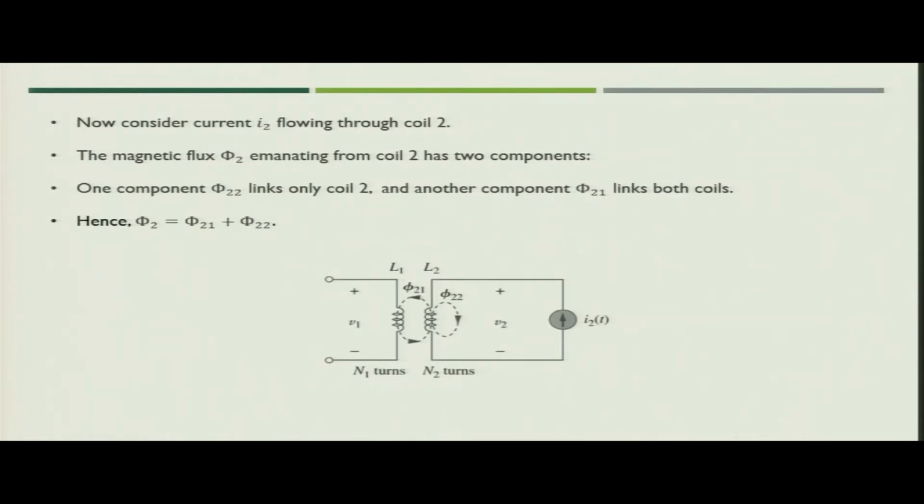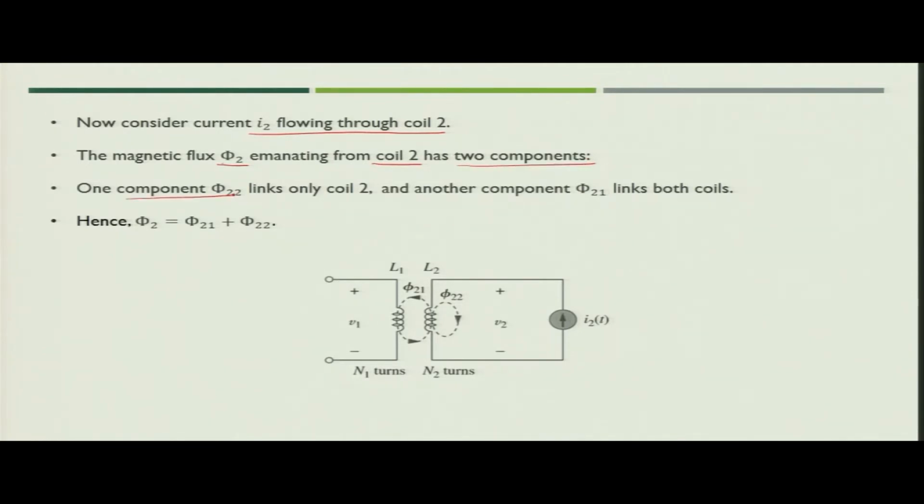Now, let us consider the current I 2 flows through coil 2. If you see the figure in the slide, I 2 is the current source connected to coil 2. The flux phi 2 generated by the current I 2 will again have two components.